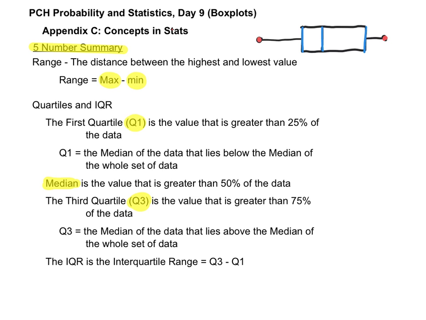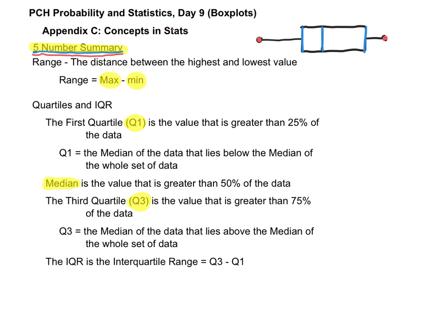Those 5 values are what we call the 5-number summary. So we're going to take a little time here to talk about those values and where they come from.